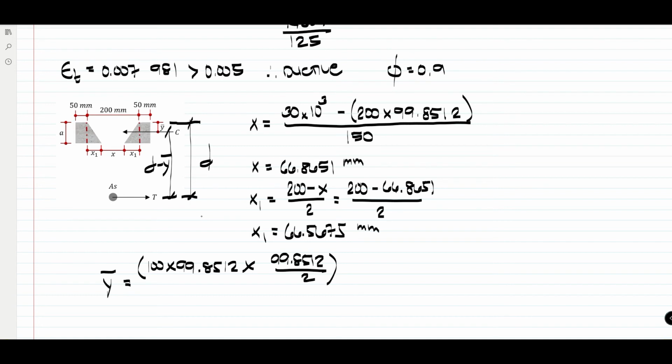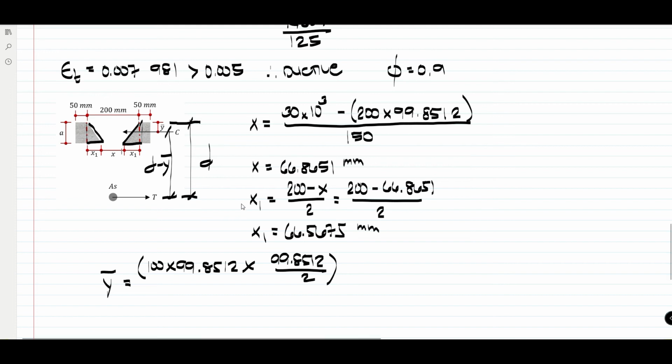Para naman dun sa dalawang triangle, syempre pwede natin pagsamahin yung dalawa. Ipag-add lang natin yung dalawang base nila na x sub 1. So, pwedeng ganon yung gawin natin sa kanila.